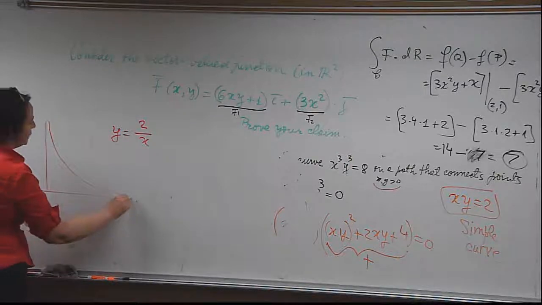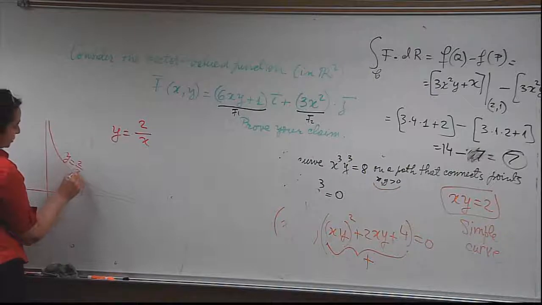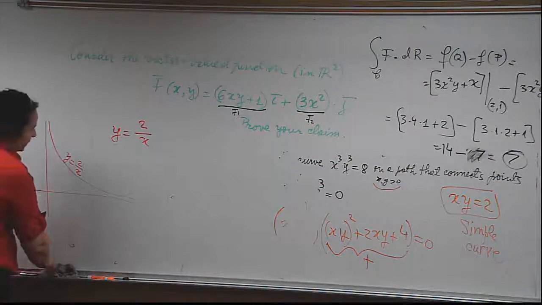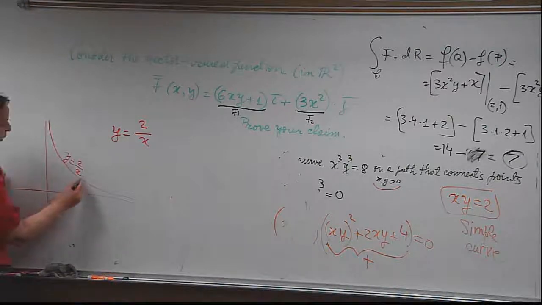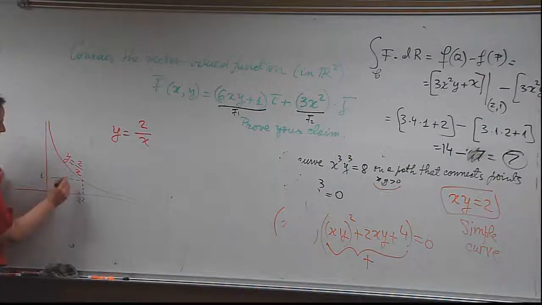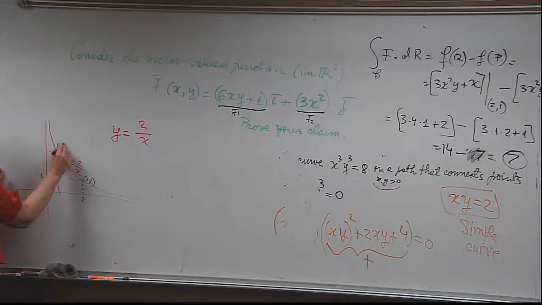Because you say, wait a minute, I know this curve since I was 5 years old in kindergarten, and this is the point 2, 1. It's on it, and there is a symmetric point, 1, 2.